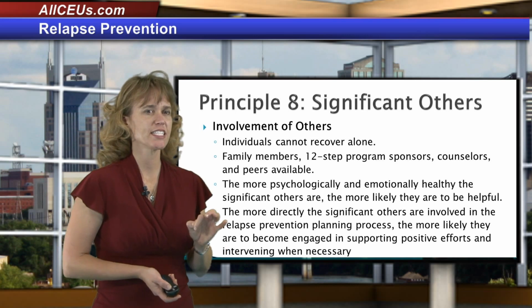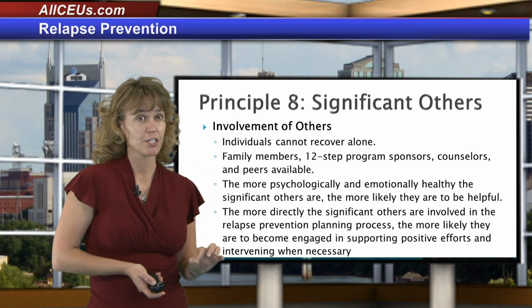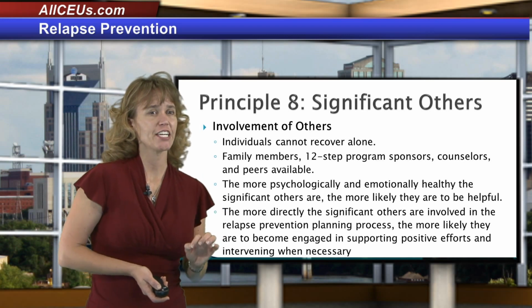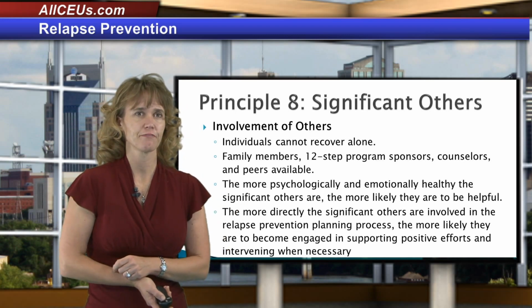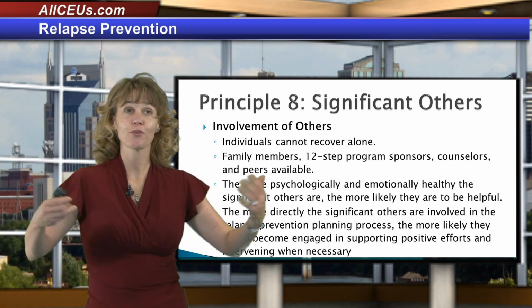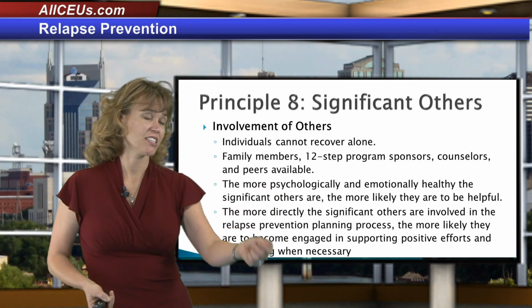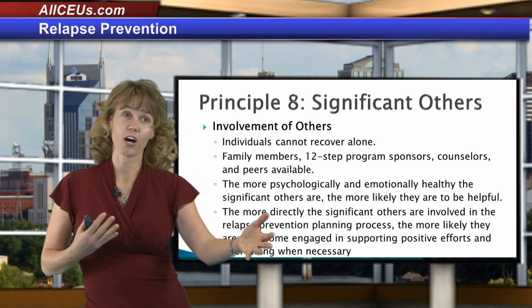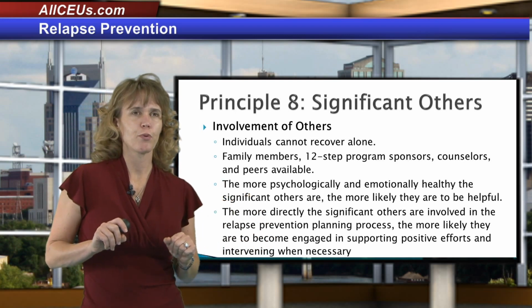The more directly the significant others are involved in the relapse prevention planning process, the more likely they are to become engaged in supporting positive efforts and intervening when necessary. Get the significant others involved. If they don't know what they're looking for, they can't point it out. If they're just handed a list and you don't talk about how this discussion is going to happen, it generally ends up going poorly.